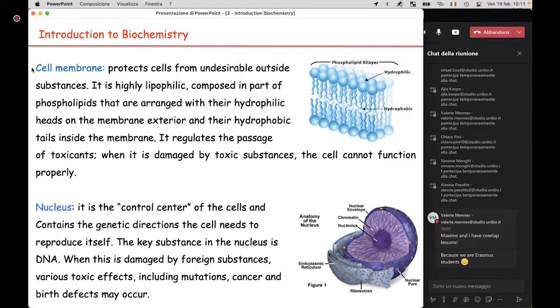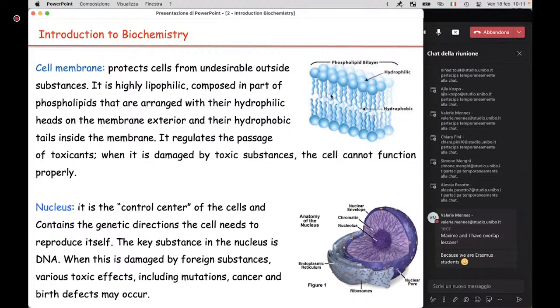Okay, so the cell membrane is a fundamental part of our cell. The whole cell is enclosed within a cell membrane, and also the small organelles are enclosed by an independent, smaller membrane. The cell membrane is highly lipophilic.